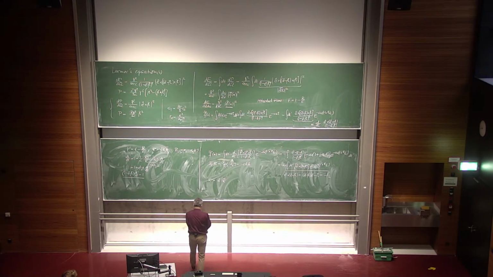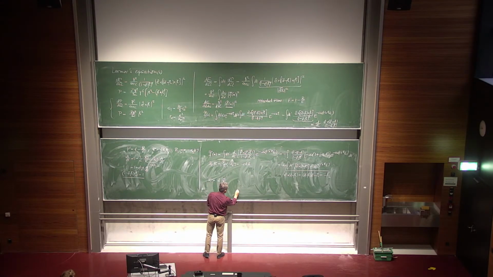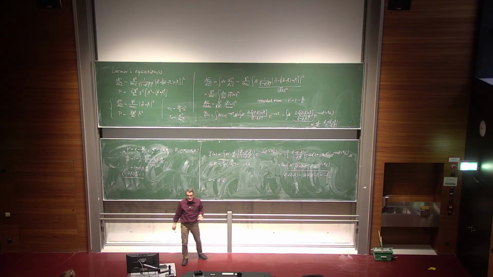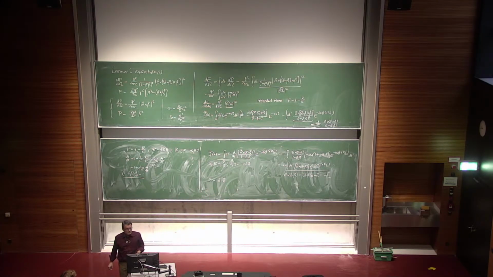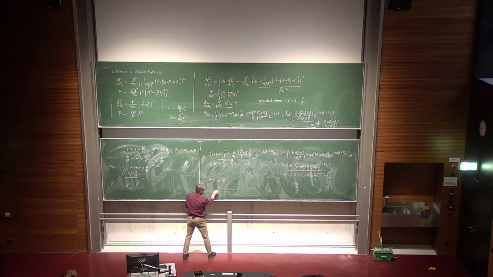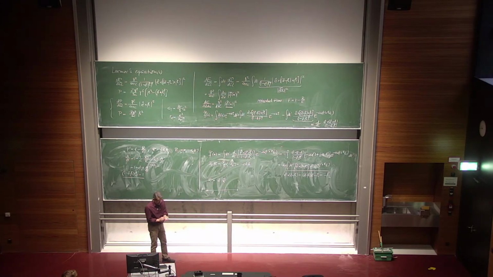I'm assuming that the charge is orbiting about some point. And I'm taking the distance of that point to us, and I call it small r, small vector r. Then the charge may be here. It's orbiting about this point.